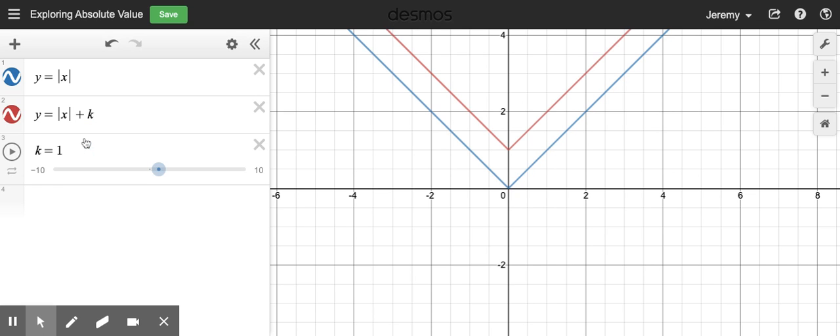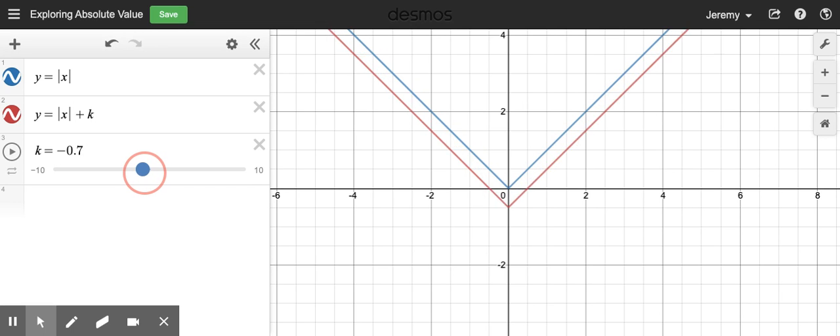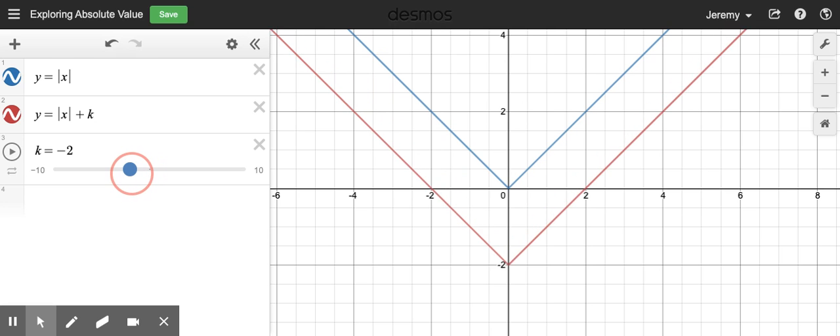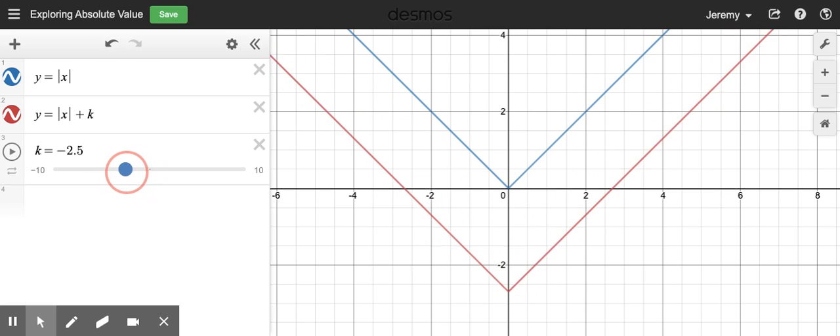And if I follow Desmos's suggestion and add this slider, I can see the more positive k gets, the higher my graph goes. And when k is equal to 0, I'm right on top of my original graph, y equals absolute value of x. And if k goes negative, then I'm adding a negative number, which is like subtracting a number, and the graph moves down.